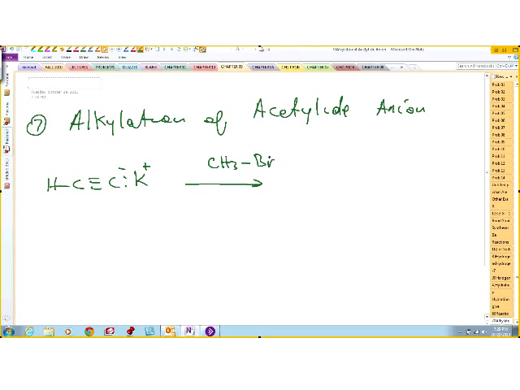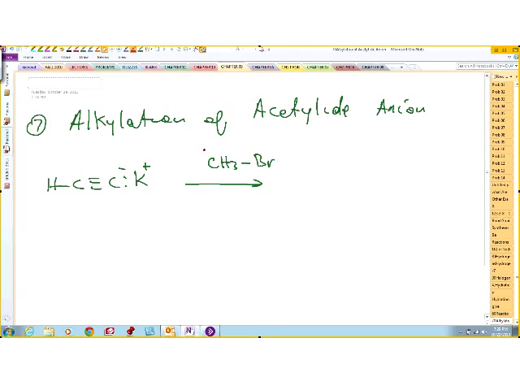Remember we told you, when we did bond polarity in chapter 2, we said this bond is very polar because bromine is a lot more electronegative than carbon. So it is pulling electrons to itself.